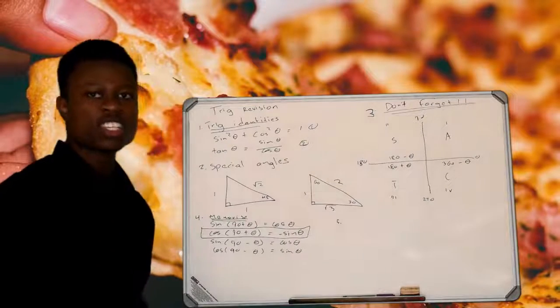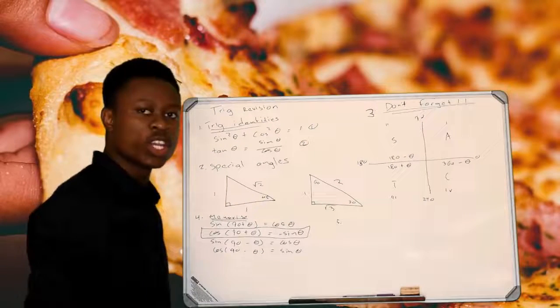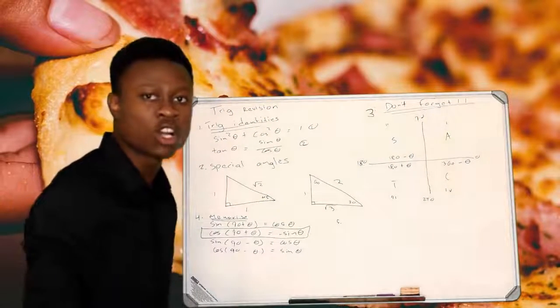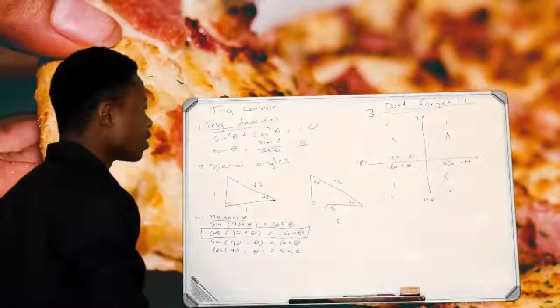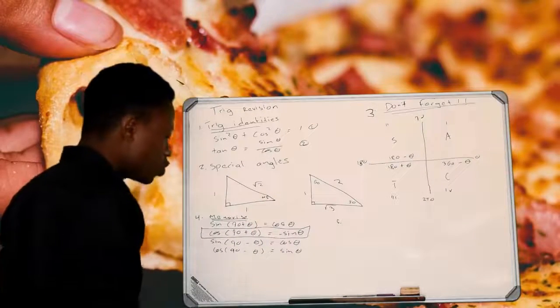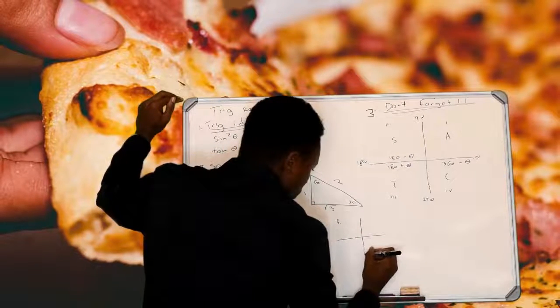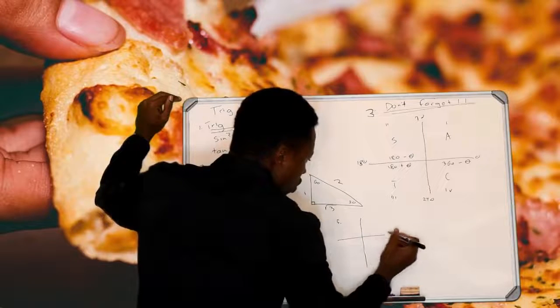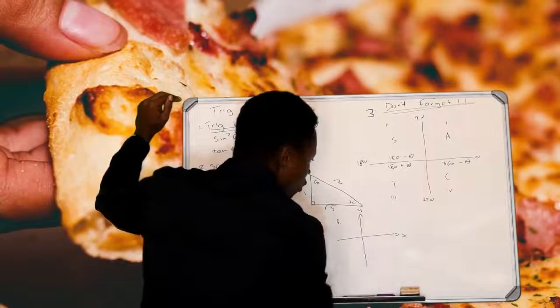5 is your basic sine, cos and tan in the different quadrants. So let me draw it like this. Right? So in this direction, this is the direction of x, this is the direction of y.